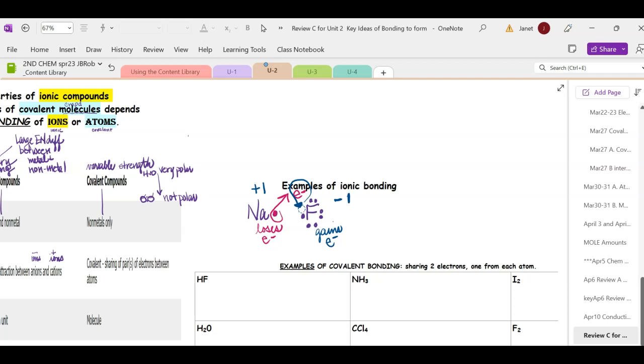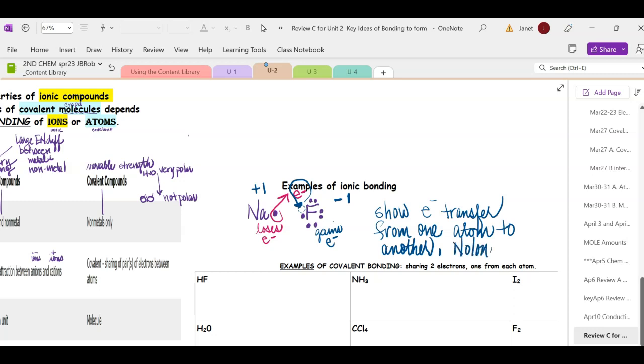Correct? So examples of ionic bonds show electron transfer from one atom to another. And now they're no longer atoms, no longer neutral. These are called ions.